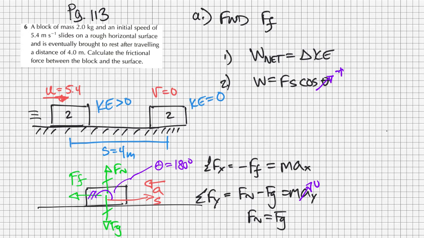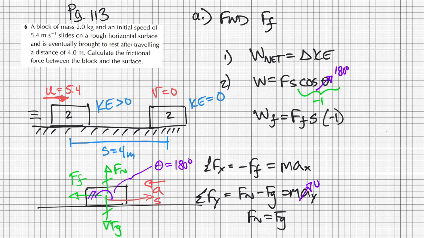The angle itself is 180, and the cosine of 180 is going to be -1. So let's put this together and find the force of friction. The work done by friction is going to be the force of friction times the displacement times -1.